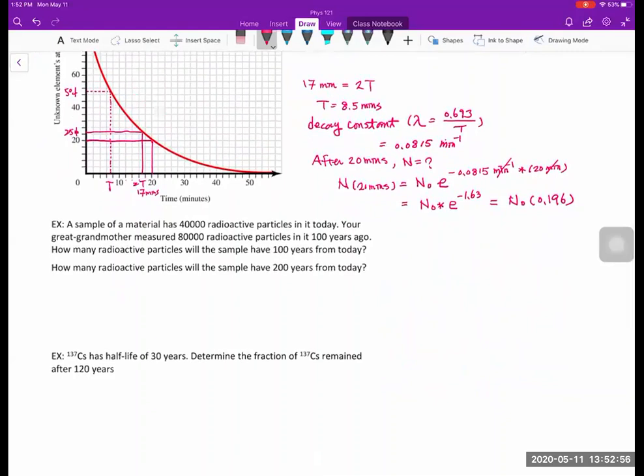We have a sample of the material that has this amount of radioactive particles today, and your grandma measured that it had that much amount 100 years ago, and how many radioactive material will this sample have after another 100 years?